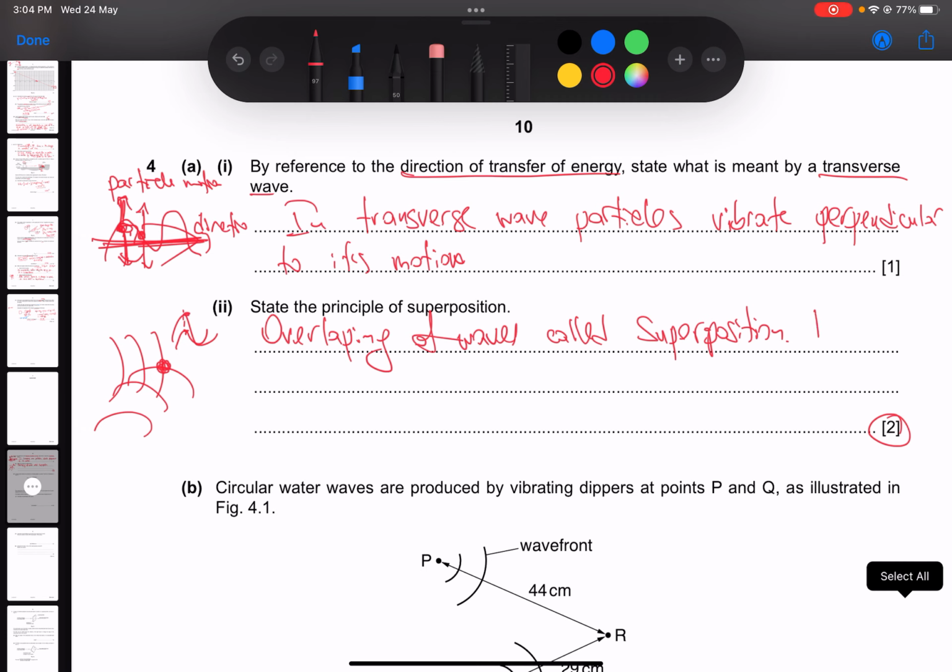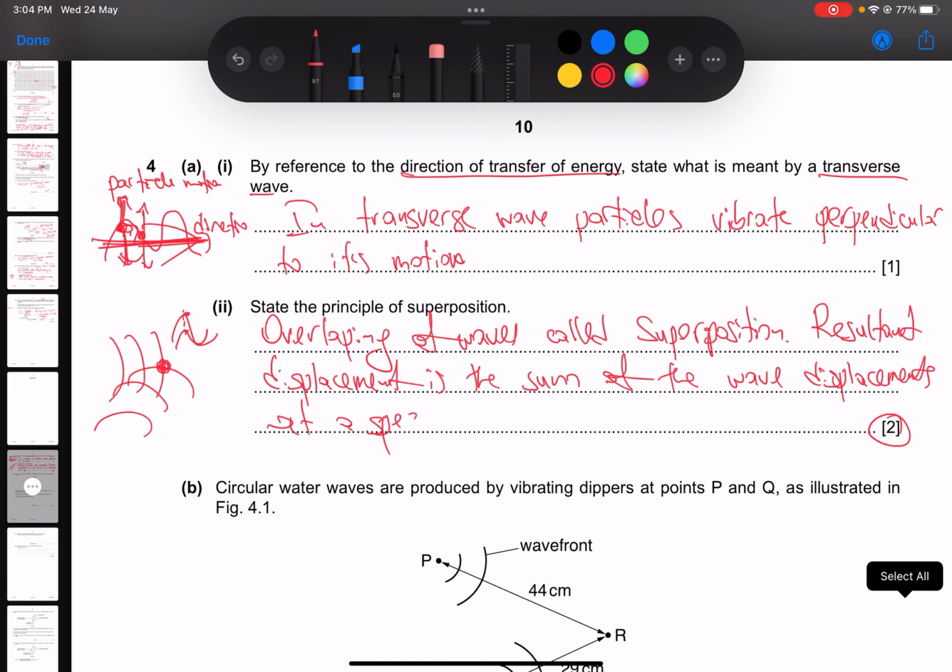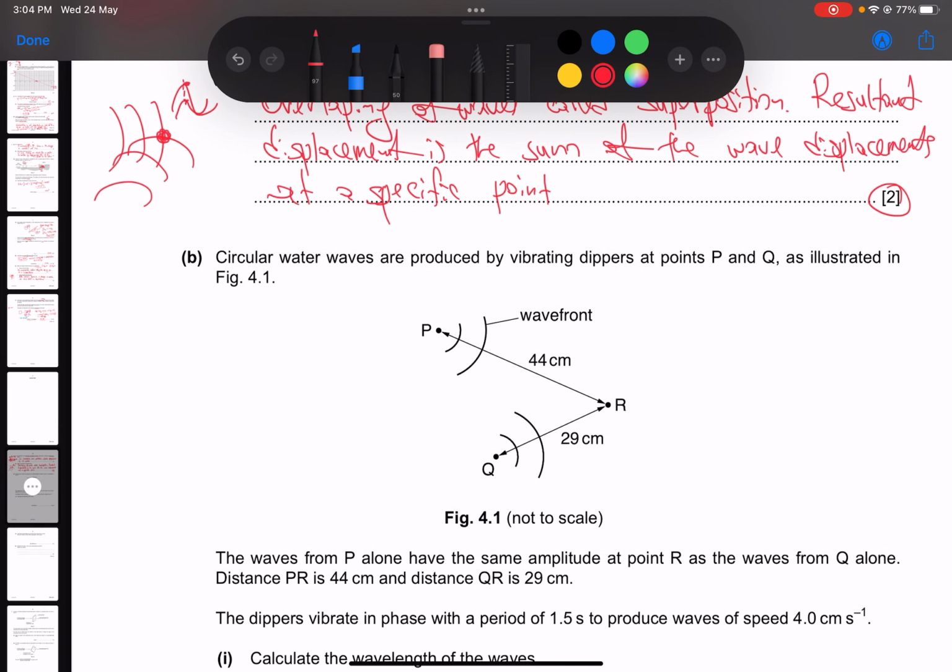The resultant displacement is the sum of the wave amplitudes or displacements at a specific point. It has to be that specific point you're looking for only.